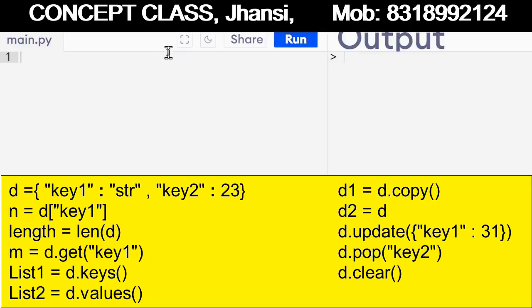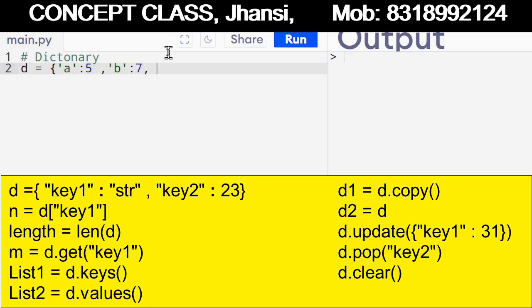So let's see the programs of dictionary. Let D is equal to, A colon say 5, key B, 7. Okay.